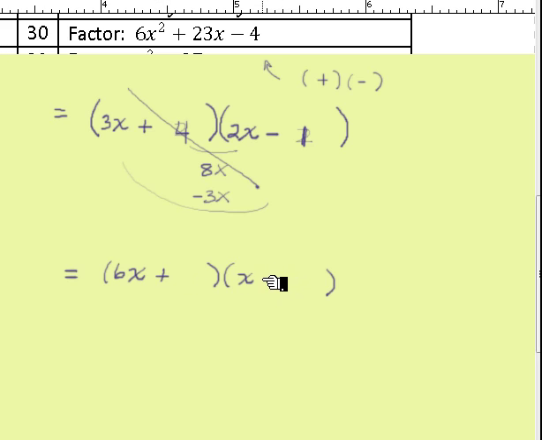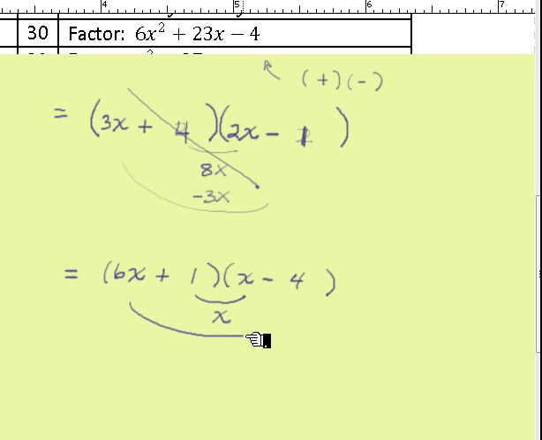Again, different signs. Okay, so we can try 4 times 1 or 2 times 2. We're not going to go with 2 times 2 because if I put a 2 over here, it'll factor out. 2 will factor out from the first factor. So we're going to go with 4 times 1. And again, 4 can't go here for that same reason. So we'll try this 4 and 1. All right, so that gives us x here.